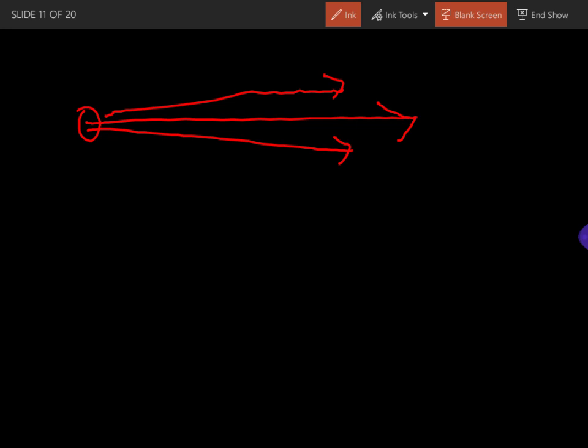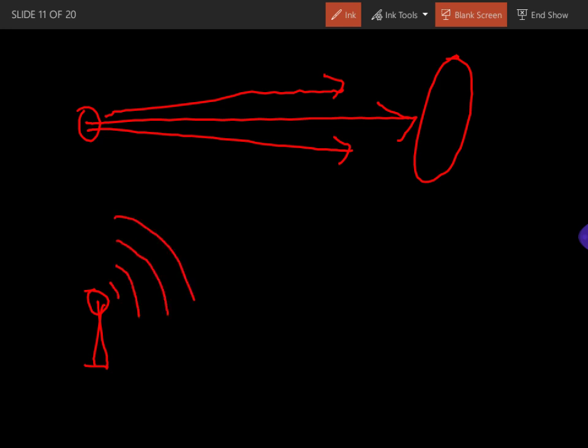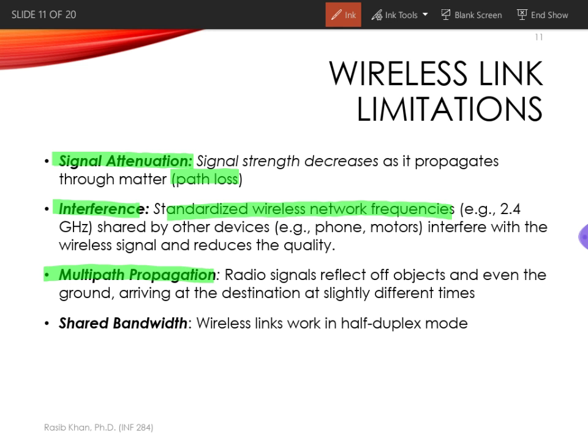You can probably see this if you are shining a flashlight on a wall. The further you go, the larger the circle you see on the wall. The same thing happens with wireless link propagation as well. So if you have a wireless access point, which allows you to connect to the wireless network, the wireless signals propagate through matter and dissipate further and further in multiple directions. That is also the reason why it weakens as it propagates further through the matter.